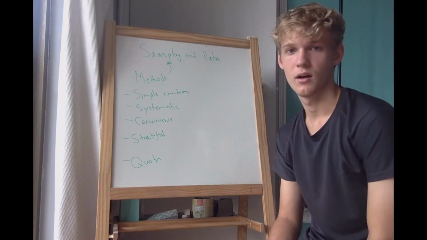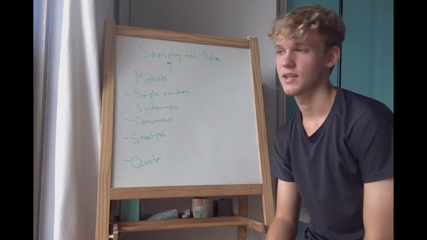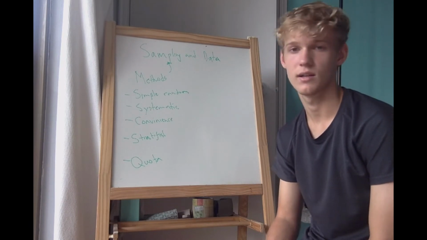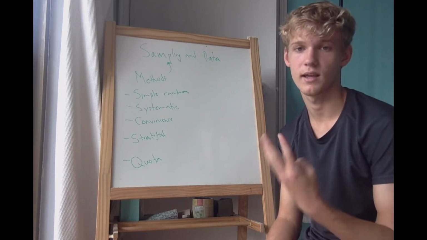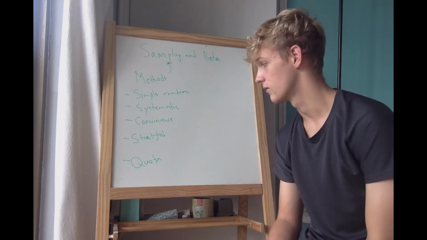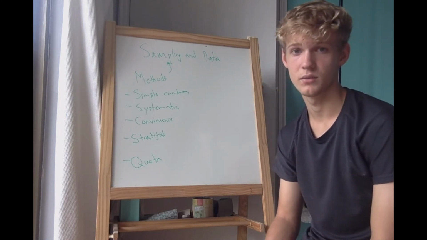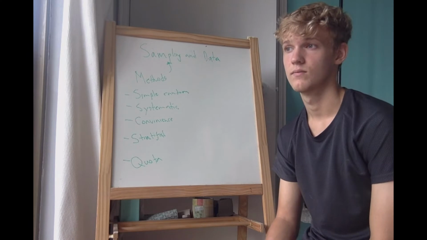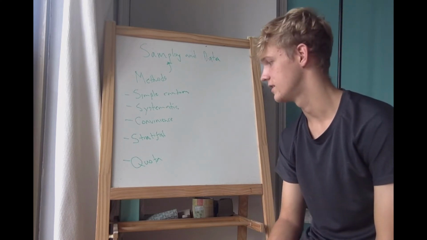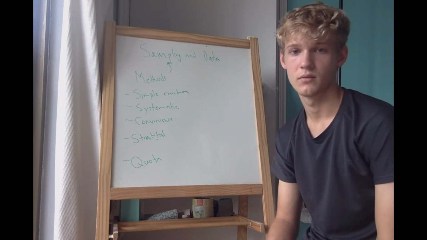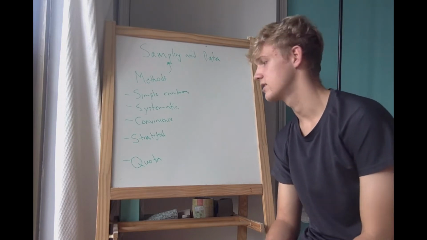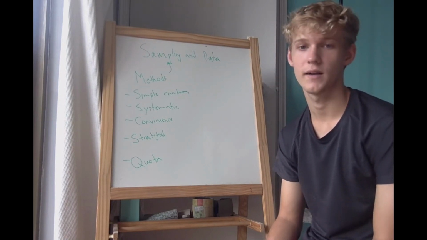So stratified, the best example for this is you're in secondary school. You've got year 7, 8, 9, 10, 11, 12, all of that. So you'd say you want to take a specific amount of people from each year group. So if there's the most year 8 students, then you'd take 5 year 8s.